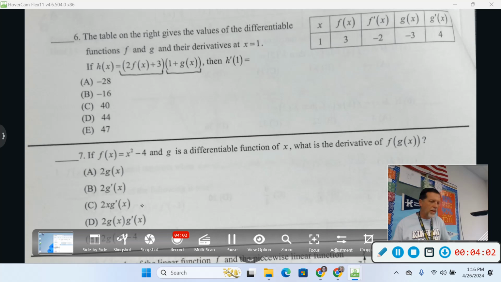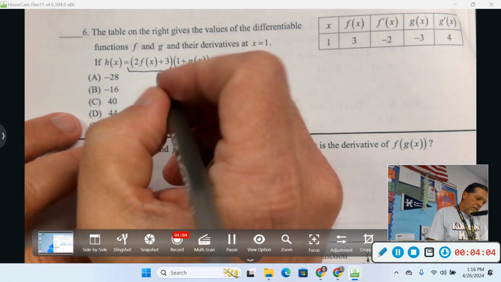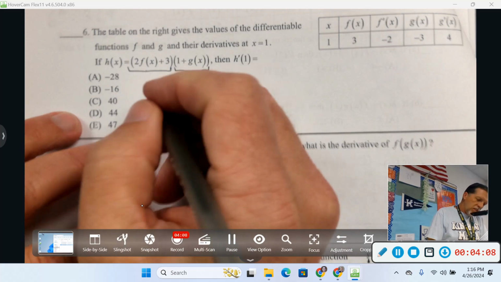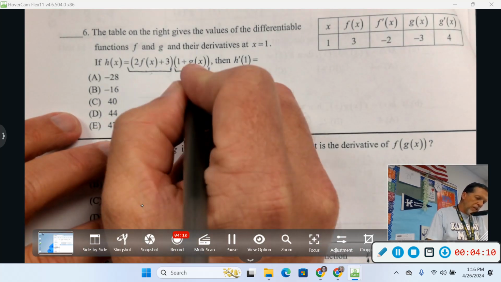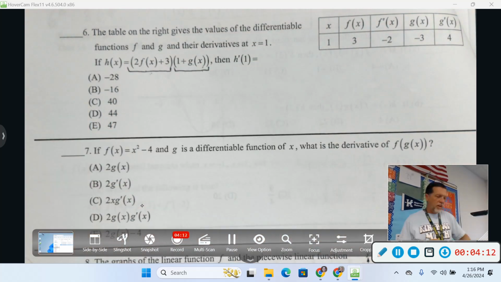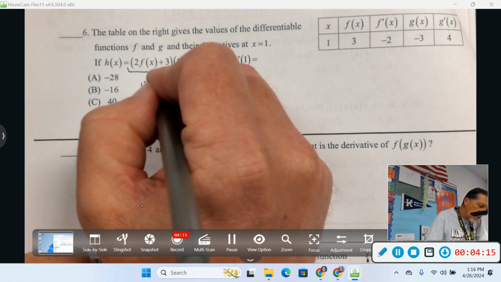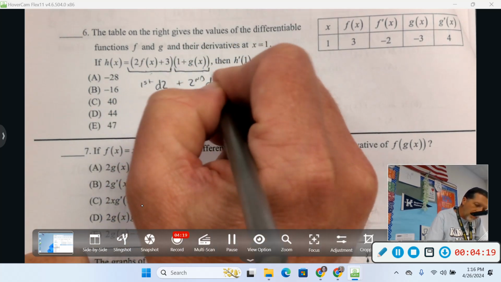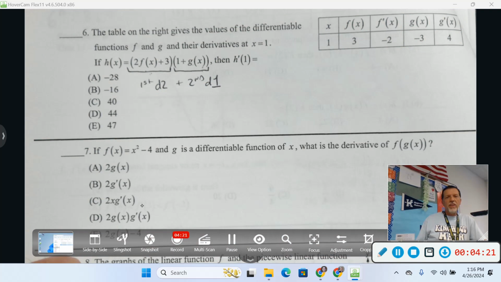Product rule, multiplying things. I'm hesitant to label them f and g since f and g are in there. So I'm just going to do first times derivative of the second plus vice versa. How about that? First times derivative of the second plus second times derivative of the first.